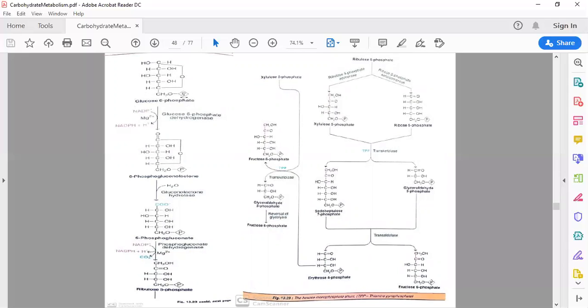In the first step, the conversion of glucose 6 phosphate to 6 phosphogluconolactone, glucose 6 phosphate dehydrogenase is the enzyme involved, an NADP dependent enzyme.